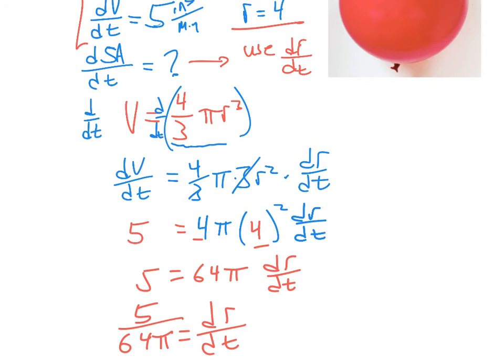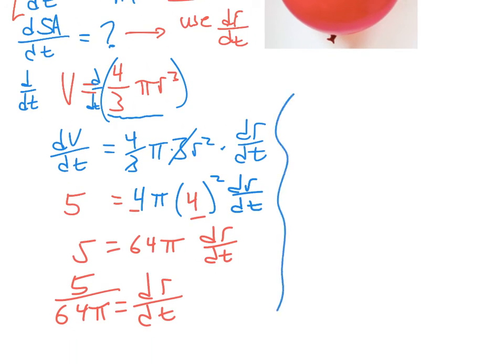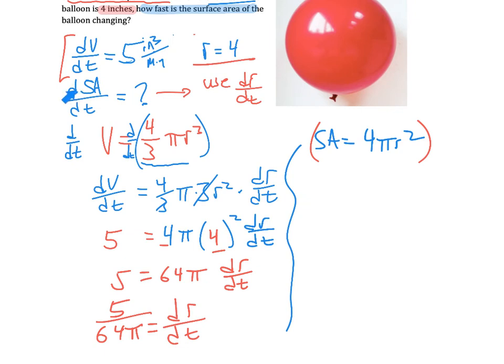So let's think about our surface area now, because we're going to need dS/dt. The surface area formula for a sphere is 4 pi r squared. Now we need to find the derivative of surface area with respect to time, dS/dt.